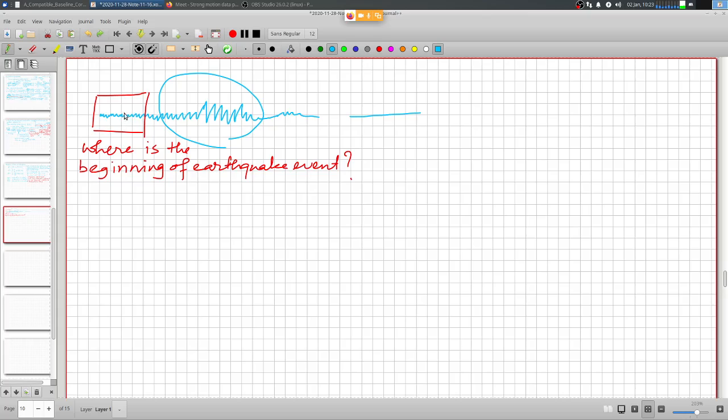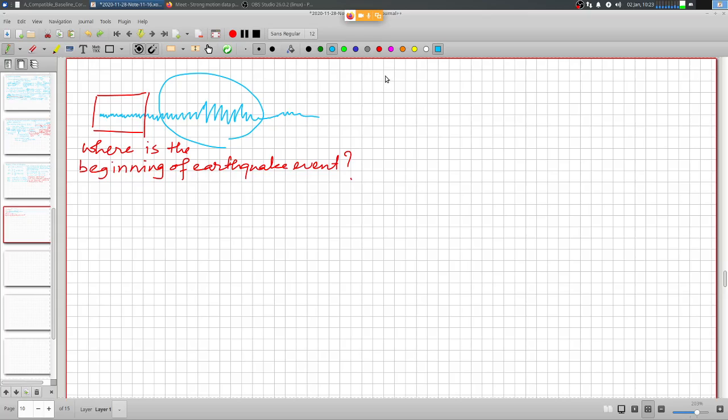Any recording instrument will always have this kind of oscillations. So that complicates the matter, and we need to find out where is the beginning of the earthquake event, and the tool that we use.